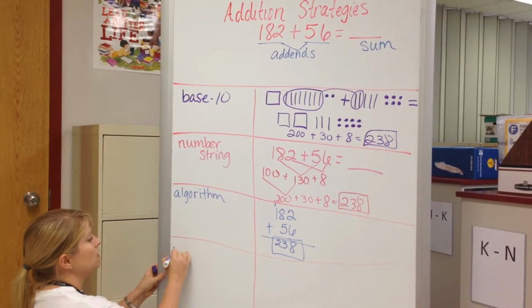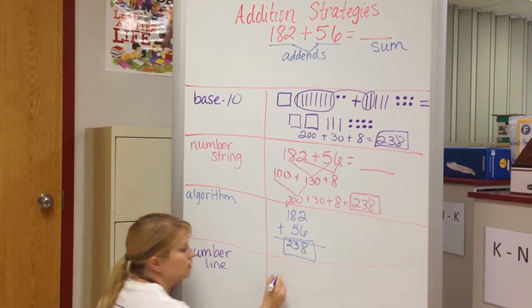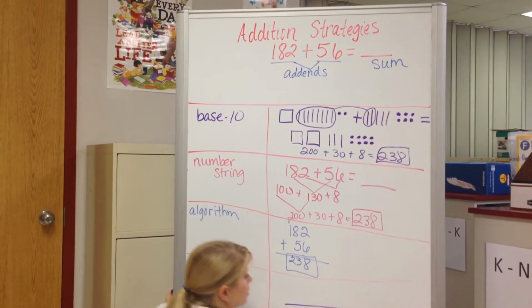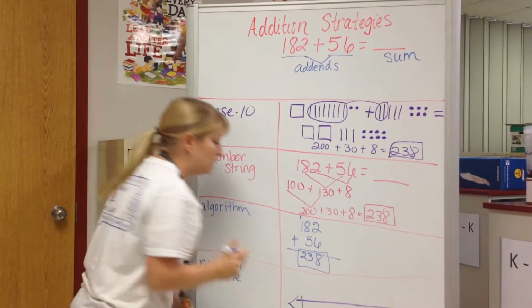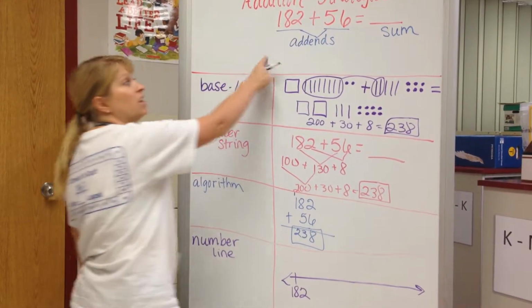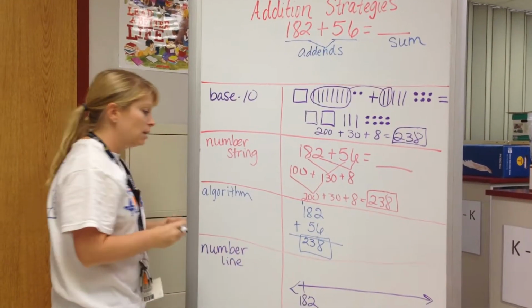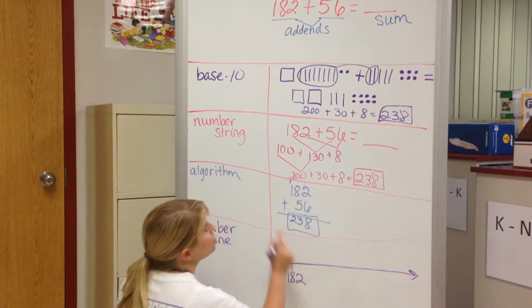I'm going to add using a number line. My starting number I'm going to use as my first add-in, 182. And I'm going to add to it 56. I'm going to start by adding my tens. So I have 50 in tens.